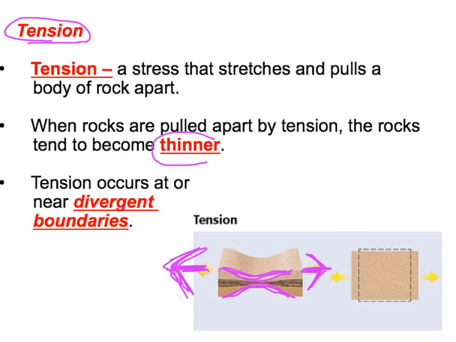And the rocks become thinner and thinner. And this is happening at the divergent boundaries, where the rocks are dividing because it's pulling those rocks away. So the rocks get stretched out almost like taking a piece of Play-Doh and just pulling each end of that piece of Play-Doh until it gets really, really thin in the middle.